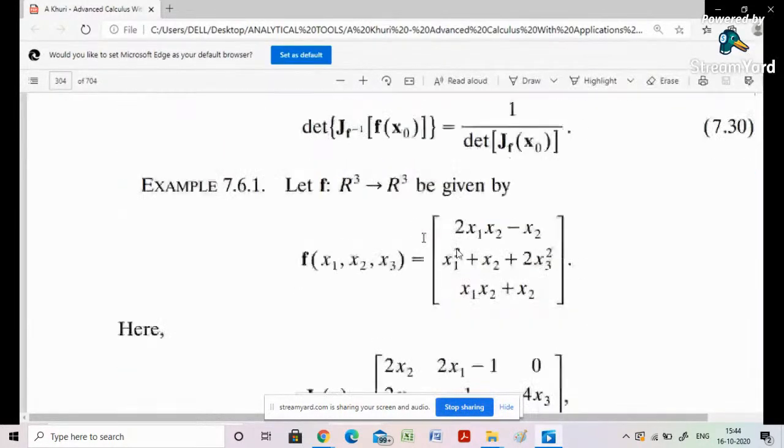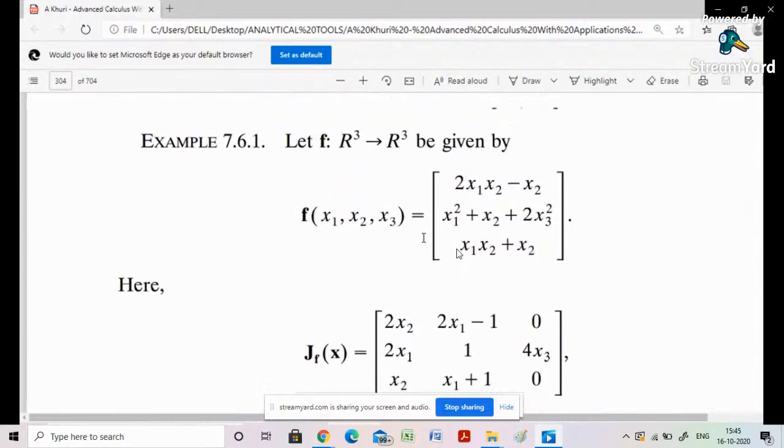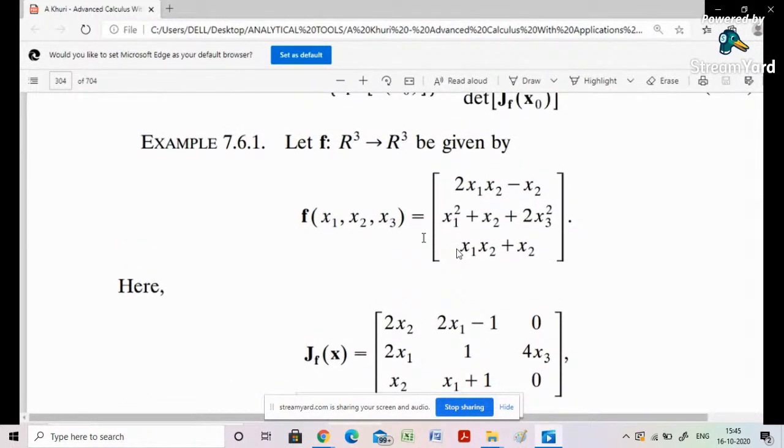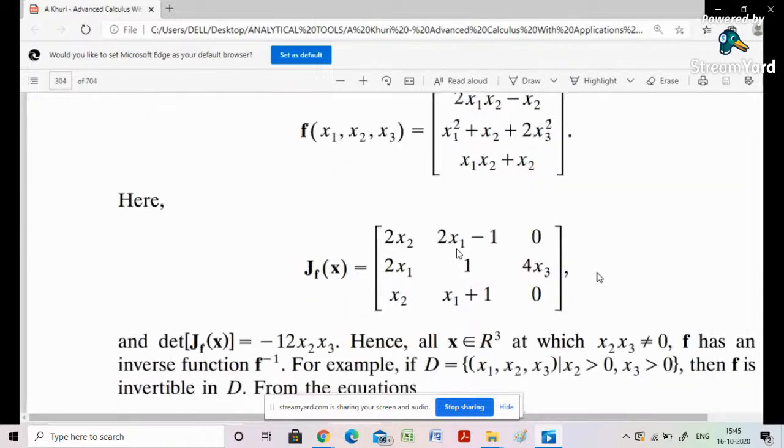Now we can see problem 2 as an illustration for this theorem. We are considering f from R3 to R3. Here x is in the domain, 3-dimensional Euclidean space. Again, this has three components: 2x1 x2 minus x2 is one component, x1 square plus x2 plus 2x3 square second component, x1 x2 plus x2 third component.